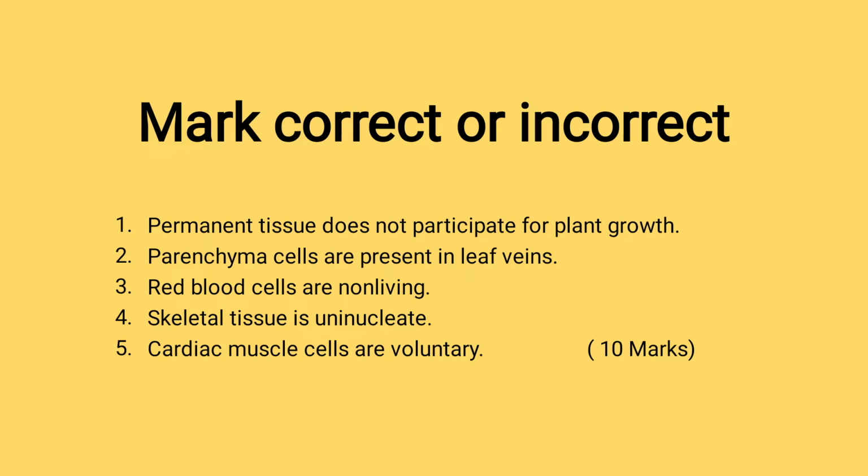We know that meristematic tissues multiply further to grow further. It participates directly for the growth of plants, but permanent tissues also indirectly participate for the growth of plants because they help to increase the size of cells.